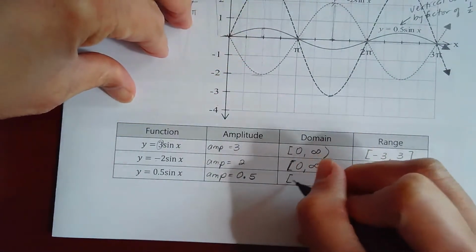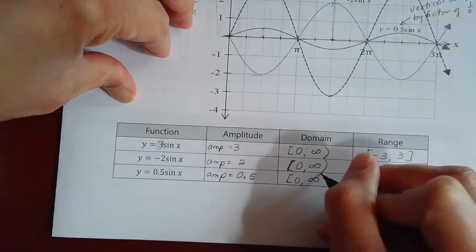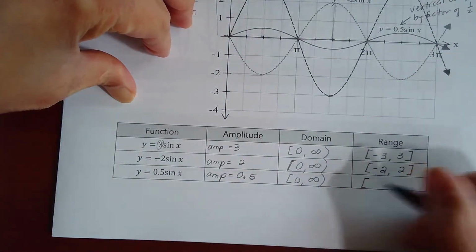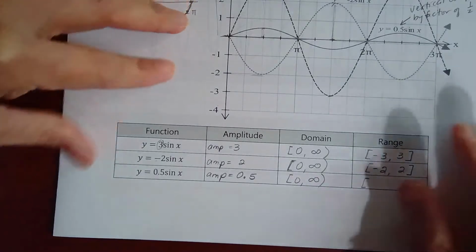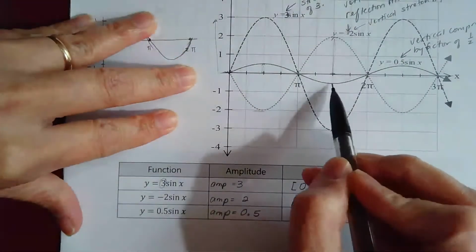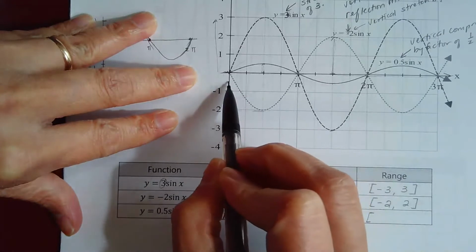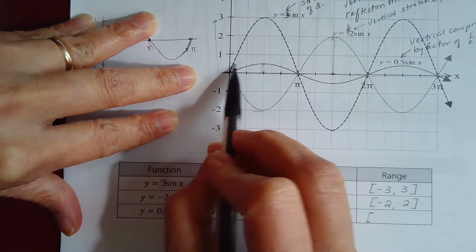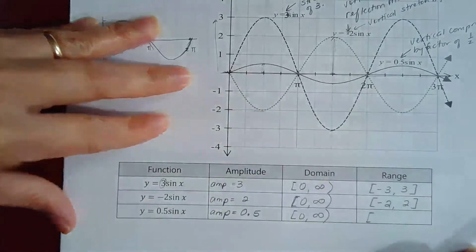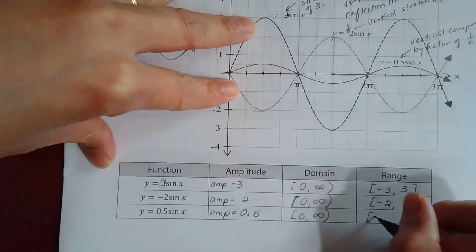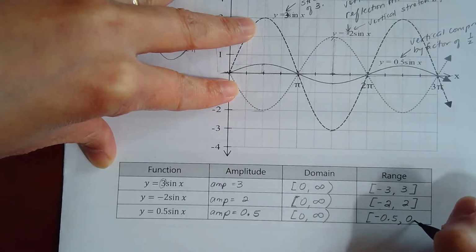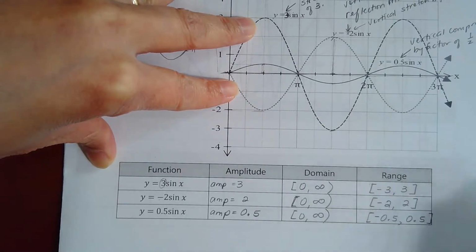The domain is from 0 to infinity because it goes on. And then the range are the possible y values. So the lowest it can go is -0.5, and then the highest it can go is +0.5. So the range is -0.5, comma, +0.5.